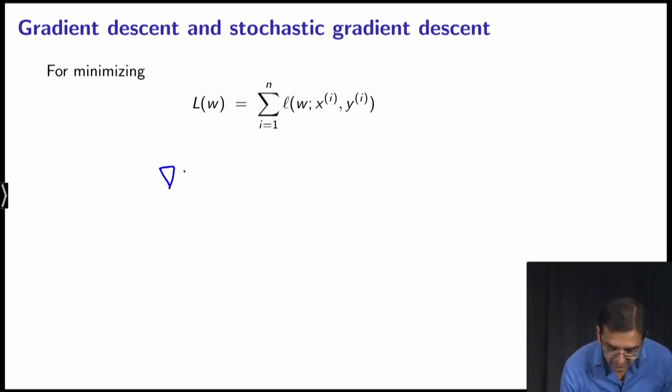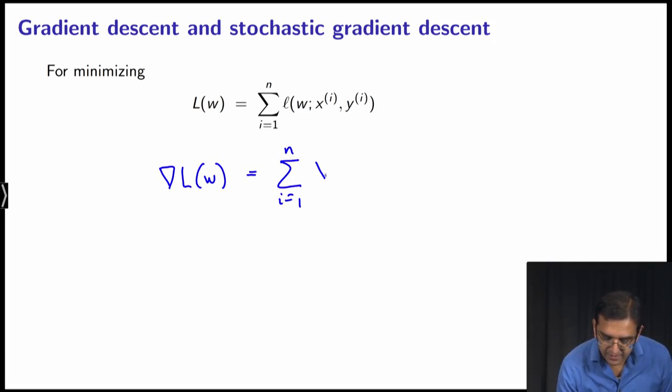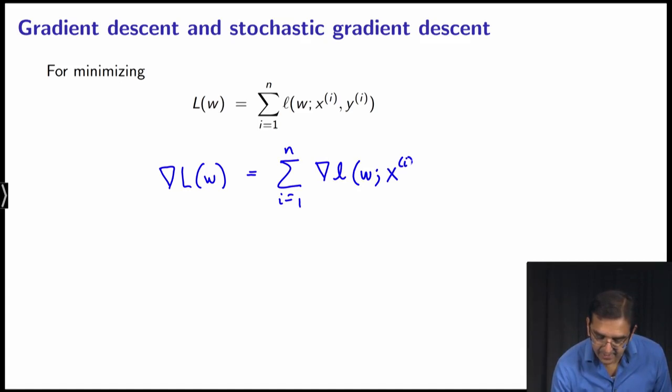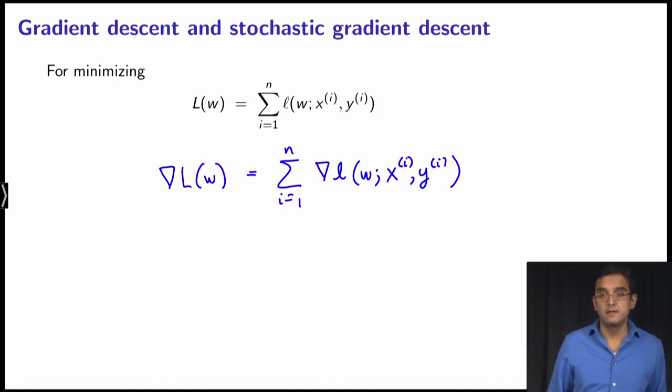So the derivative of L is the sum from i equals 1 to n of the derivative of little l for the specific point xi, yi. So computing the derivative involves a sum over the data set.